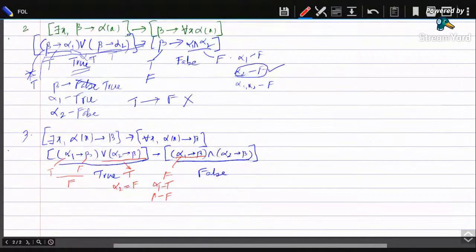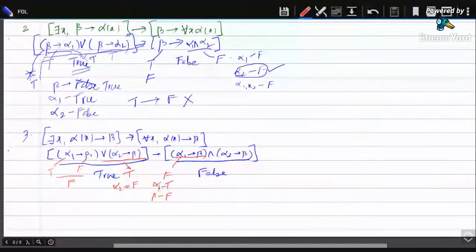Alpha 1 is true, so true implies false is false. Why? Because we wanted this to be false, therefore we said alpha 1 should be true, beta should be false. So this has given false. So false being false, whole thing is false.